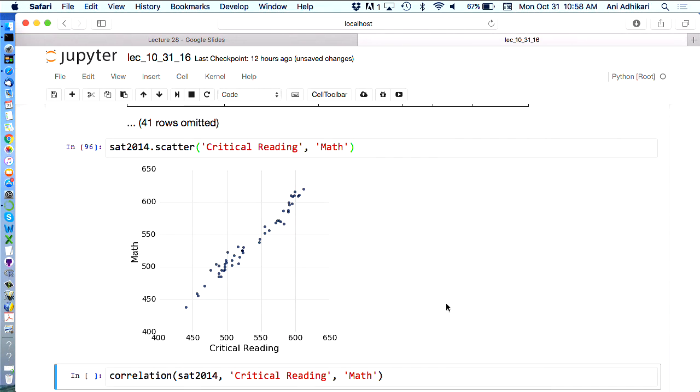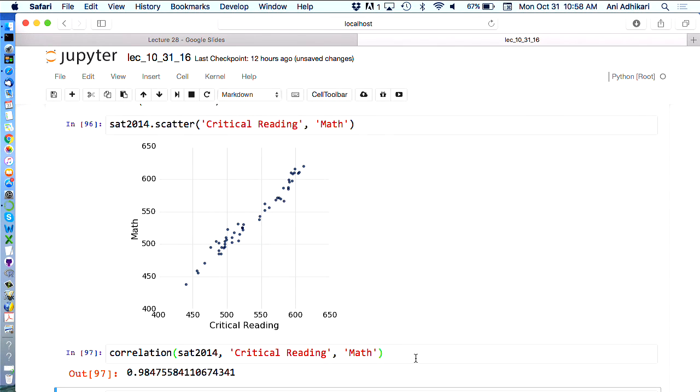Take a look at that scatter diagram. That's as close to a straight line as any genuine scatter diagram that wasn't made up by me gets. Okay? And in fact, if you calculate the correlation, it's about 0.985. And it is really tempting to look at that and go, wow, the scores are really correlated. Like if I know somebody's math score, I almost exactly know their reading score, but you know that's nonsense.